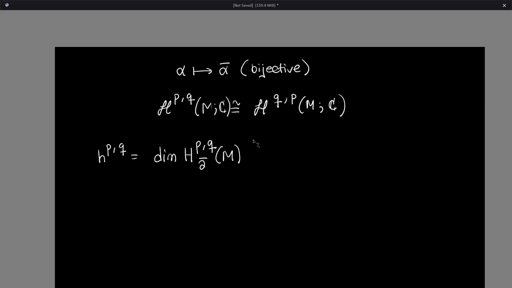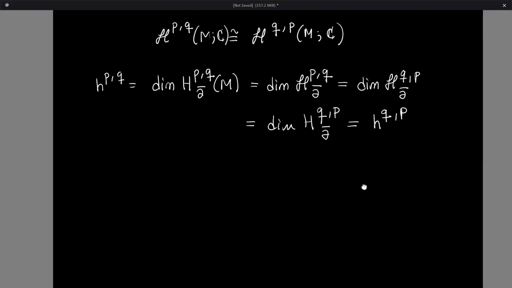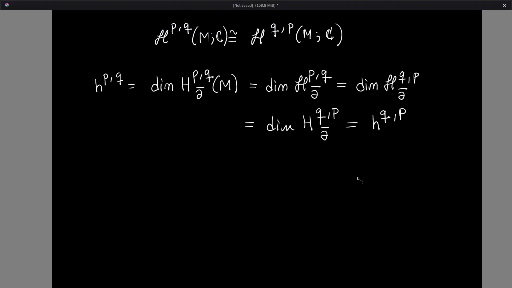But because we know that there's a unique harmonic representative and therefore it's isomorphic, we know that this is equal to the dimension of the harmonic forms of type PQ, which now we know is equal to the dimension of the harmonic forms of type QP, which is equal to the dimension of, unfolding it back up, H^{QP}_{partial bar}, which is equal to h^{QP}, the Hodge number. So a lot of HPQs and HQPs in here.